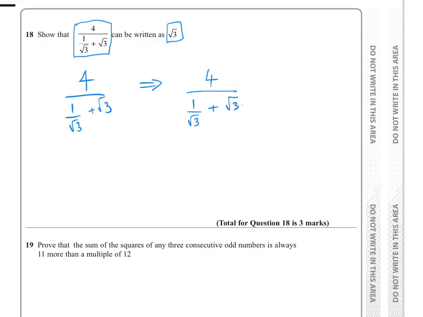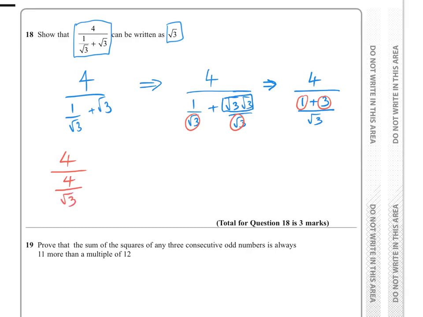So times top and bottom by root 3 here, and that would give me 4 all divided by 1 plus, well, root 3 times root 3 is just 3 all over root 3, because that's my common element here. And then just studying this a little bit more, I've got 1 plus 3, which is 4.